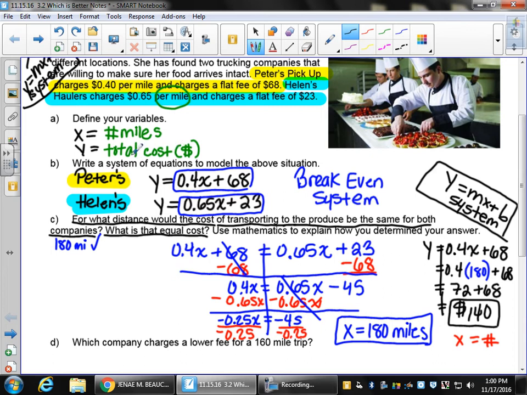which is money. So to answer this in a complete sentence, we can actually take the question and use it as a sentence. So for what distance would the cost be the same?